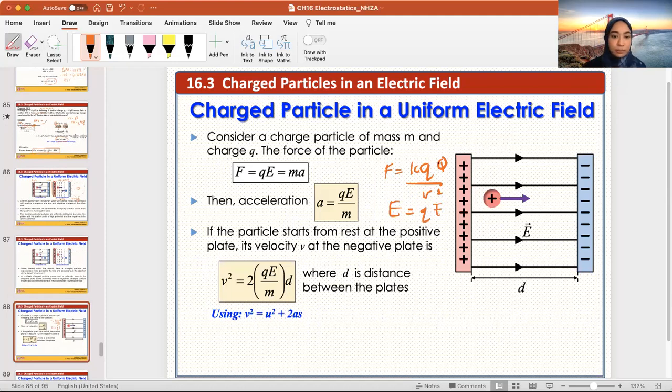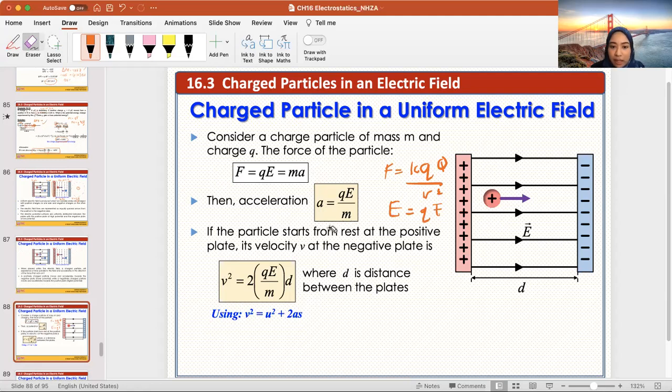Go back to the first subtopic if you don't remember. So this is our equation. We also know that force is equal to ma, the typical equation. This is Newton's second law. The first law is inertia, the third law is opposite and equal. So a is qE over m, where m is the mass of the charge.